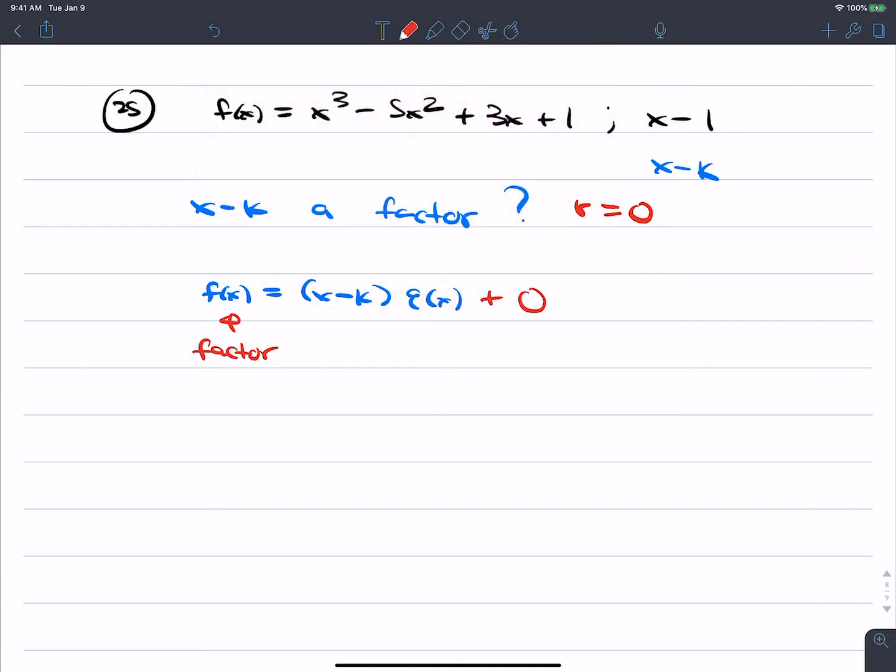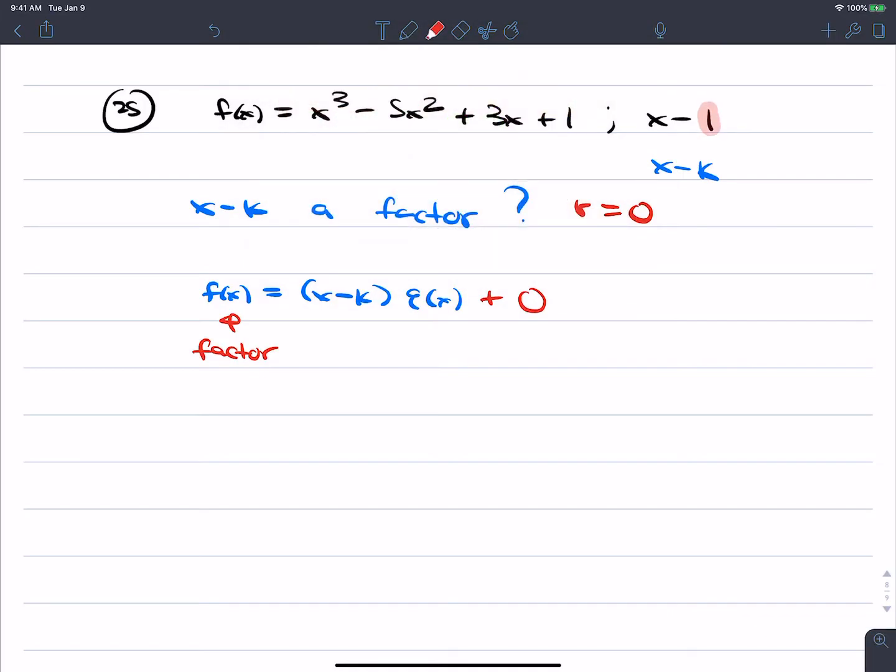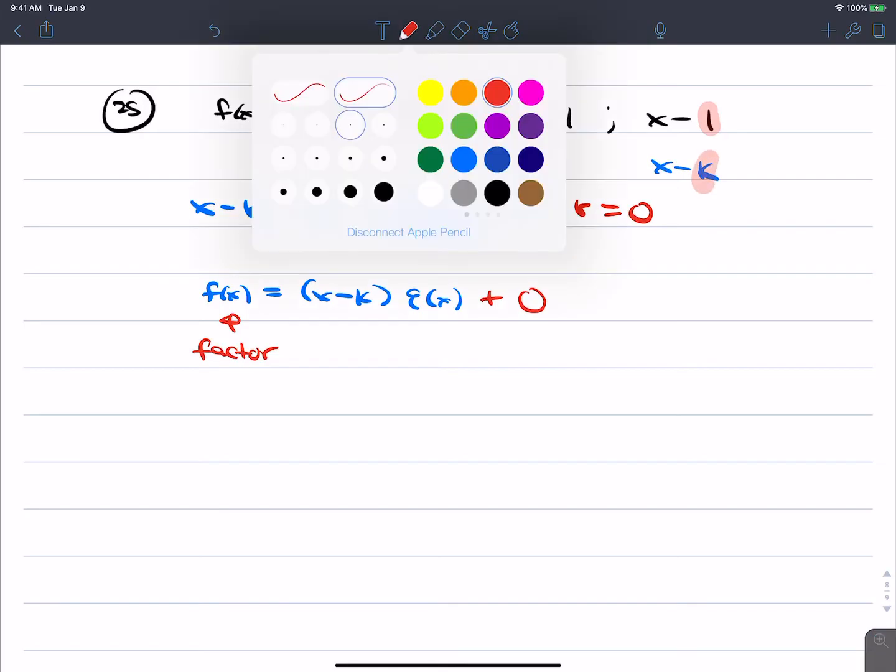But notice what they gave us here. They didn't give us the k value. We're going to have to find the k value. So if you have x minus 1, the k value here is going to be positive 1.